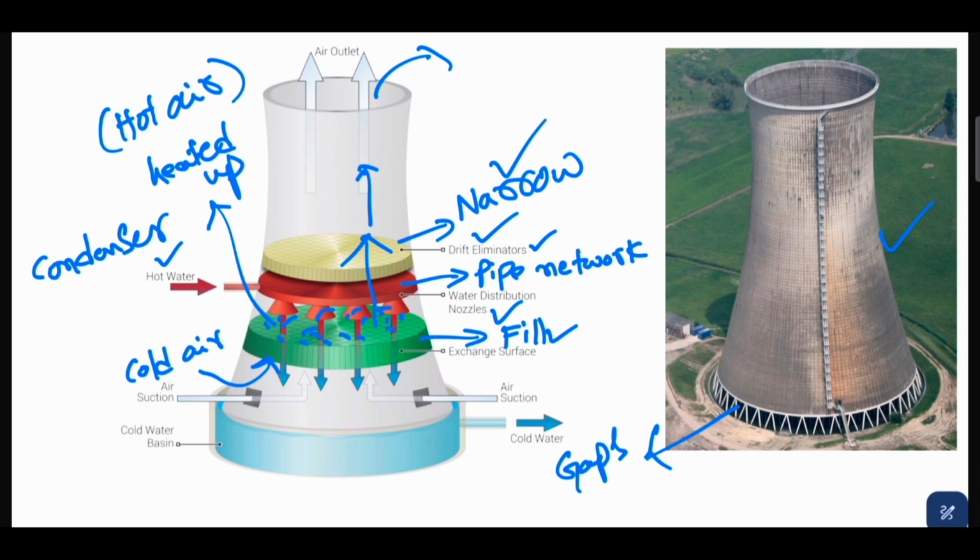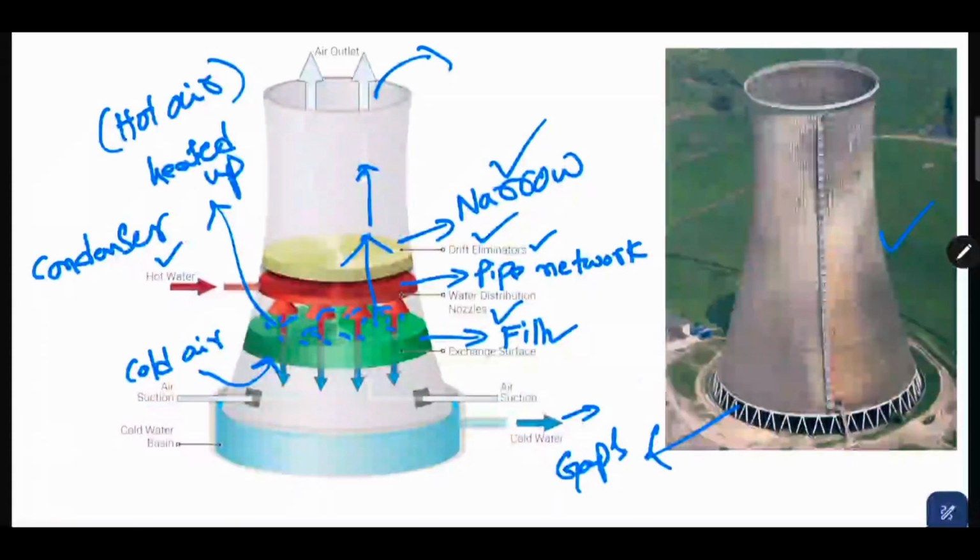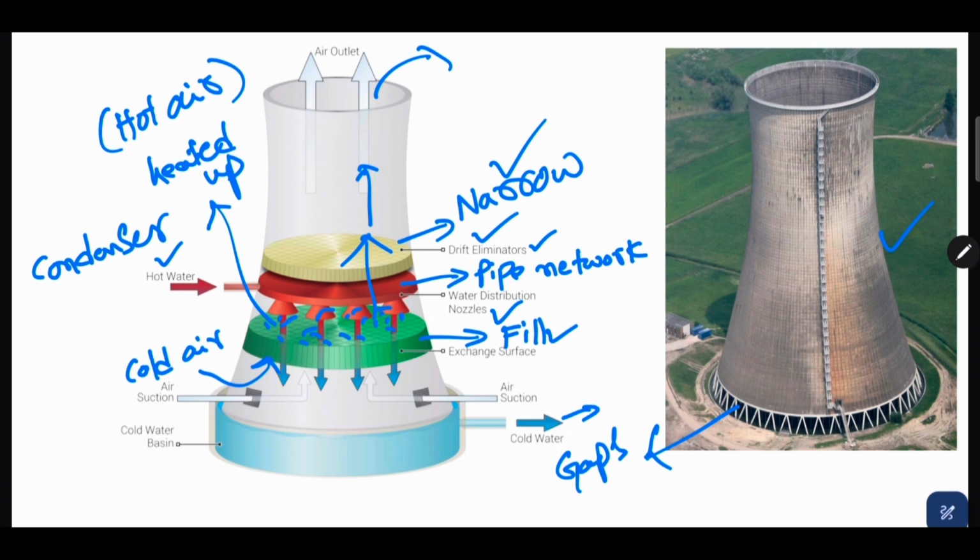So finally this hot water travels into the pipe network and is sprayed down through the film material, where heat transfer occurs and the hot water gets cooled down. This cold water again enters the reservoir, and is used again for the condenser. So this is the basic purpose of using a cooling tower.